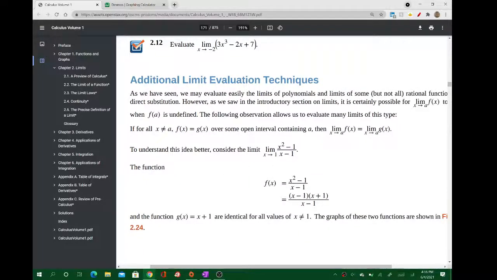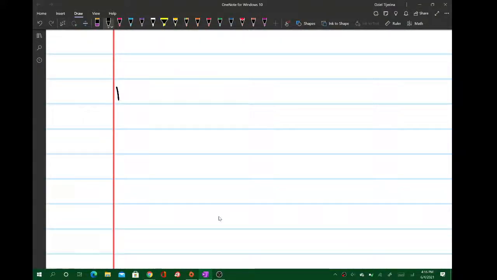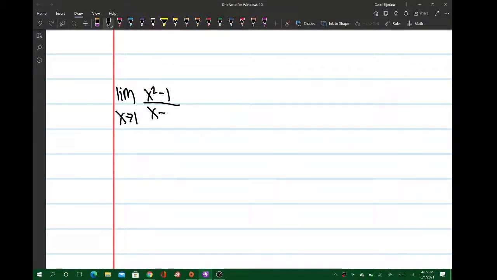Here, they say the limit as x approaches 1 of x squared minus 1 over x minus 1. By direct substitution, and let me actually do this myself, the limit as x approaches 1 of x squared minus 1 over x minus 1.